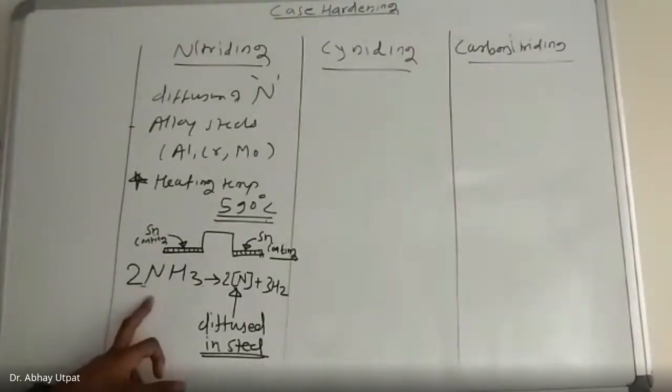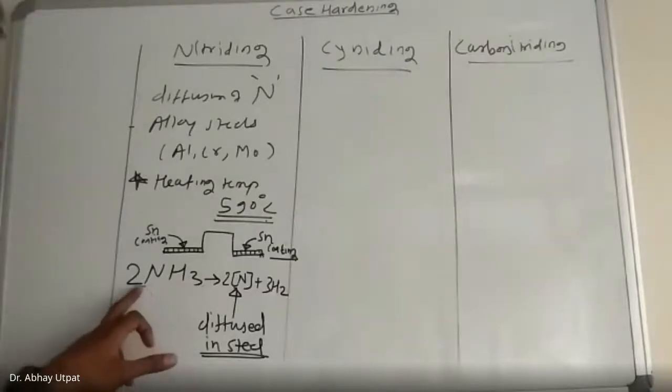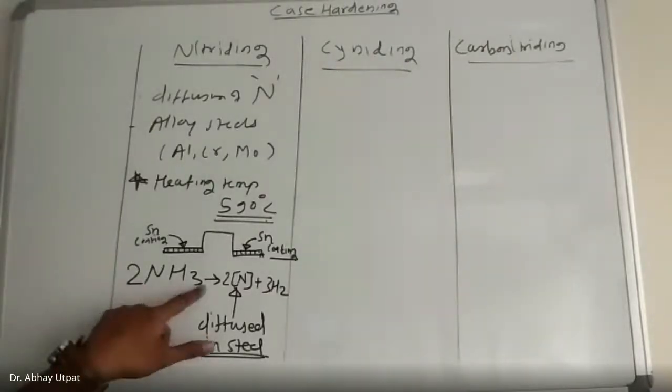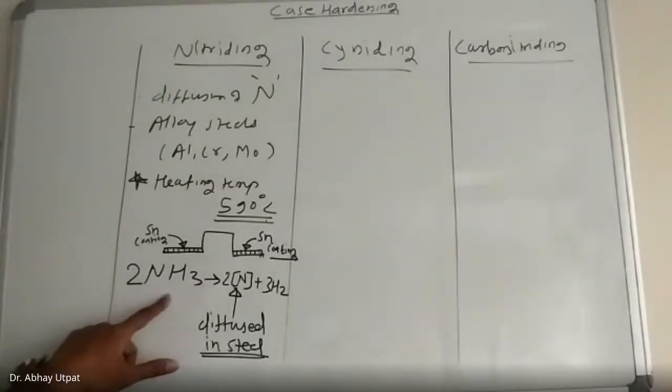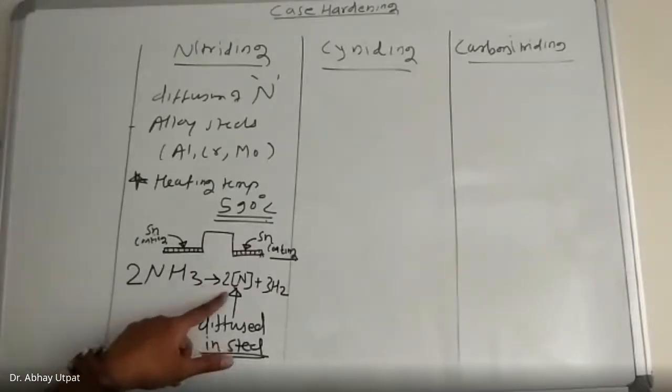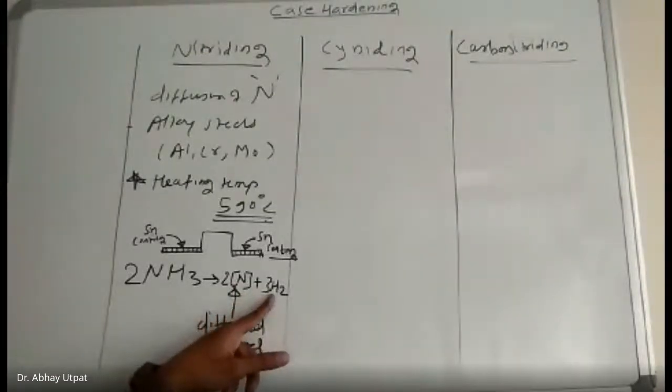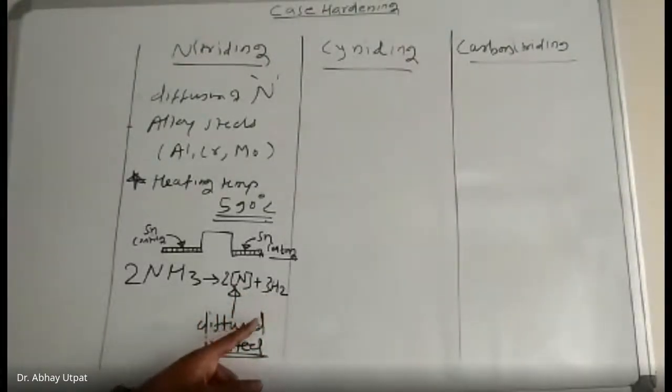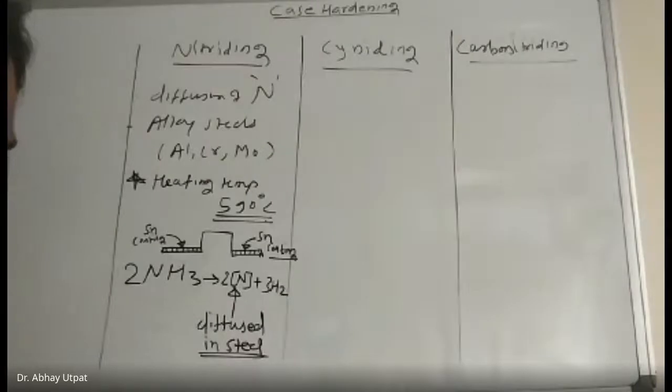Write the reaction. 2NH3 gives 2N in square bracket plus 3H2. So this 2N is diffused in the steel. This you write. Next slide.